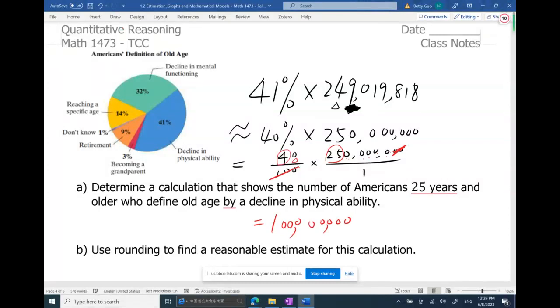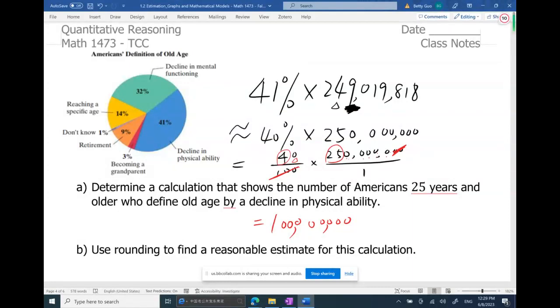100 million. That makes sense, right? 40% of 250 million is 100 million. Let's see, 4 times 25 is 100.